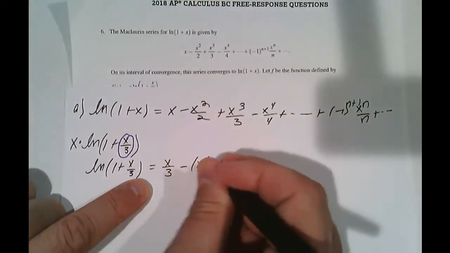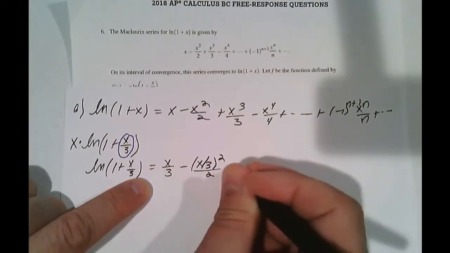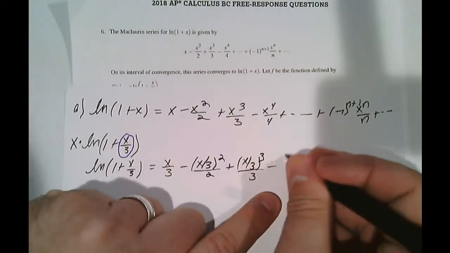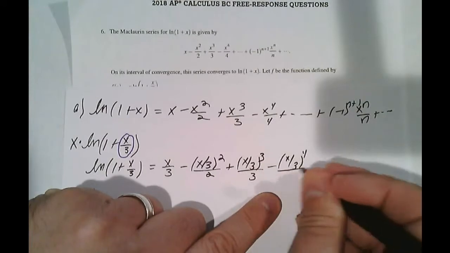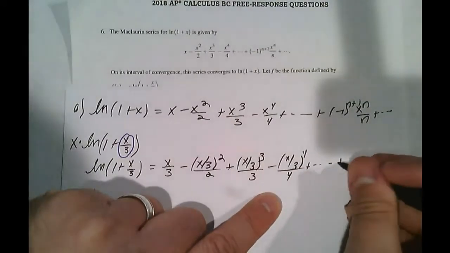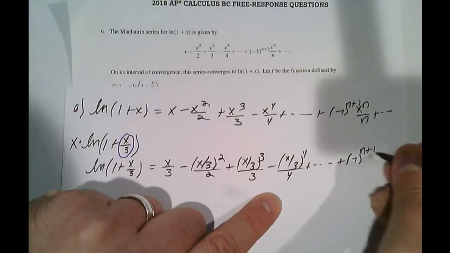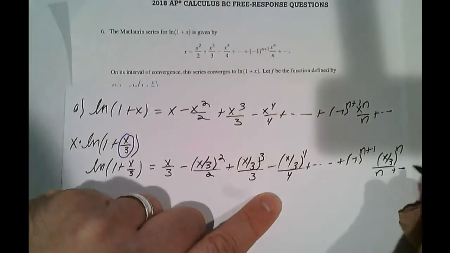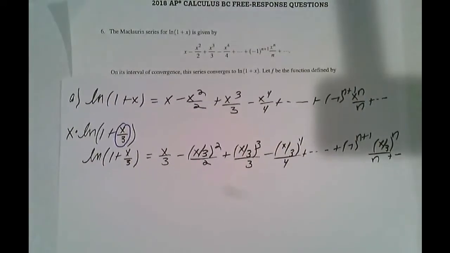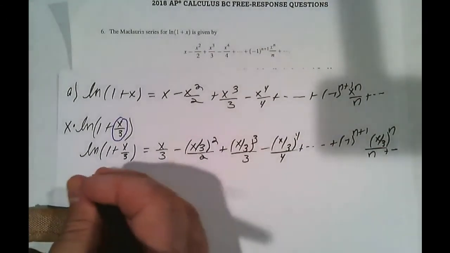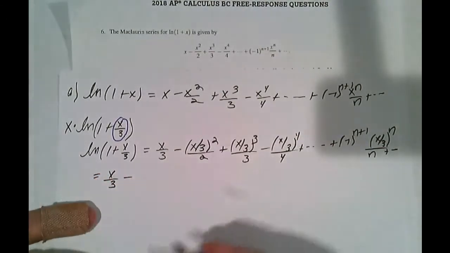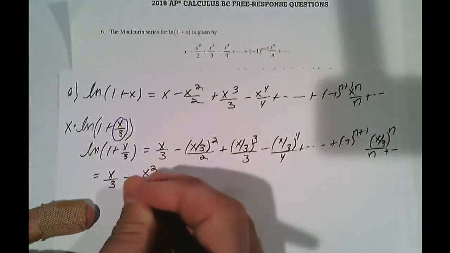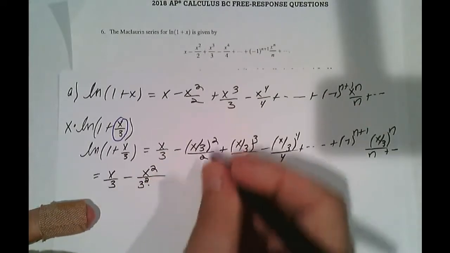X over 3 minus x over 3 squared over 2 plus x over 3 cubed over 3 minus x over 3 to the fourth over 4, and so on, -1 to the n plus 1, x over 3 to the nth power divided by n, plus ... Running out of room there. I want to clean this up a little bit. So now I have x over 3 minus x over 3 squared, which is the same thing as x squared over 3 squared.